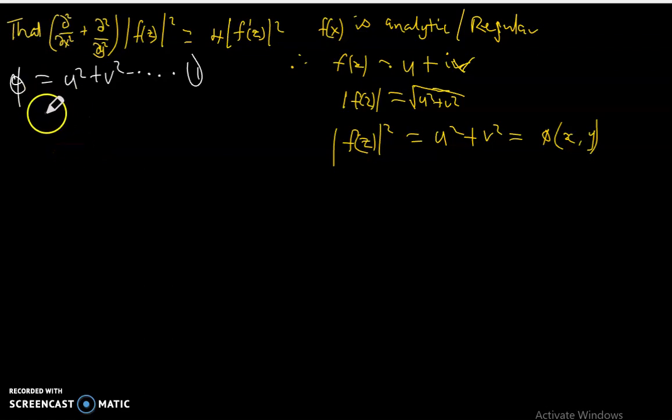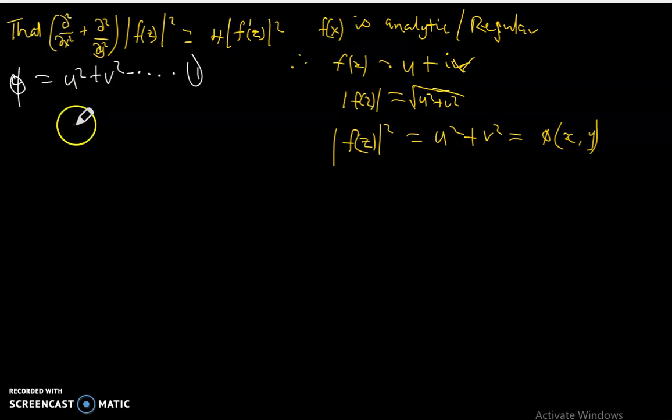So what we are going to do now is differentiate u squared plus v squared with respect to x 2 times, and differentiate u squared plus v squared with respect to y 2 times.